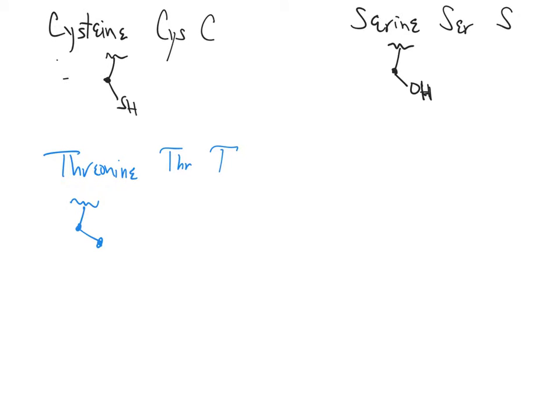What functional group does it have? Alcohol. It has an alcohol, and there's only two carbons. The alcohol is right here. So it kind of looks like serine, but it has an extra carbon hanging off of it. Hang on. So it's two carbons long, but remember the alcohol is off of the C beta.